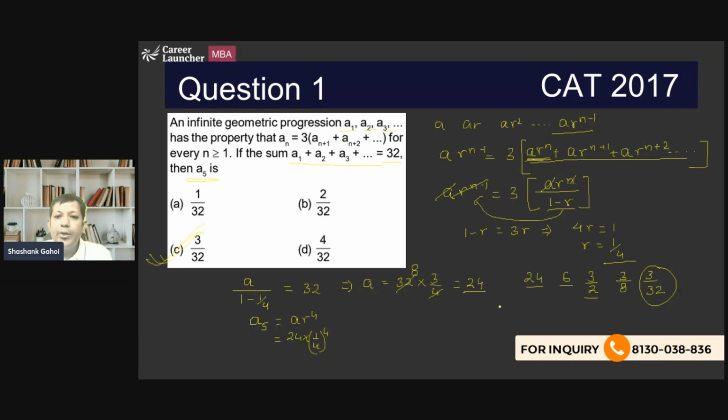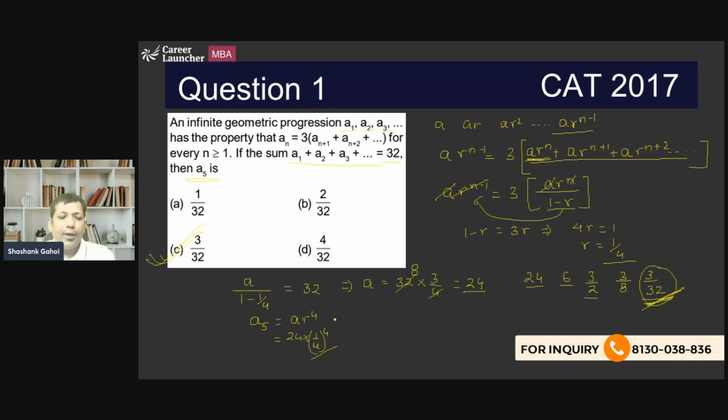But I didn't do it because I wanted to go till the fifth term itself, so I thought, why not go manually? This is right, and this is also right. But generally, when I have to calculate the second, third, fourth term, I do everything manually. If I have to go to the 10th term or 15th term, then I would use the formula. But for the third or fourth term, I'm going to go manually.